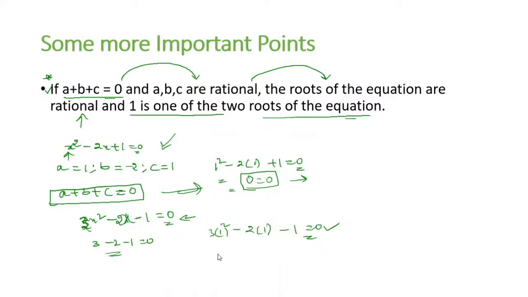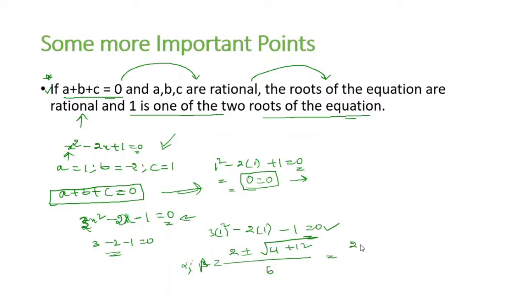Let us see the other root. Roots alpha, beta is equal to minus b plus or minus root of b square minus 4ac, which is 4 into 3 into 1, that is 12, by 2a, 2 into 3, that is 6.